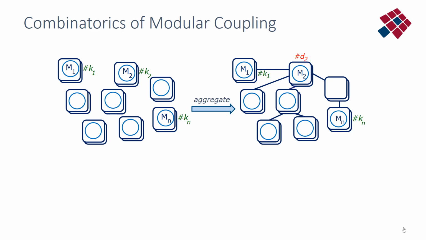And now suddenly in module 2, for instance, you make a change to a certain variant. You change variant to a variant. But then, suppose that for module 2, the number of connections, the number of links, the number of other modules it is connected to is D2, or Di in general.